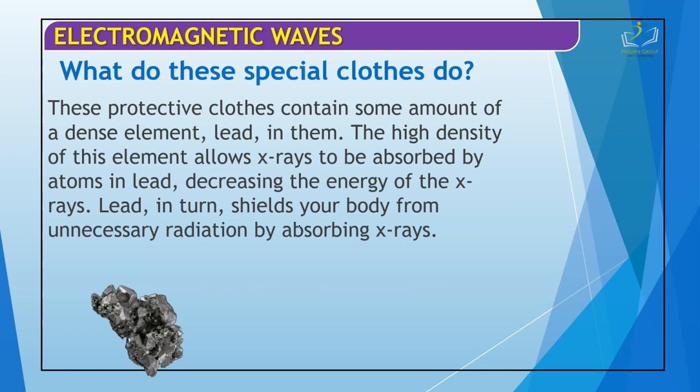These protective clothes contain some amount of a dense element like lead. The high density of this element allows X-rays to be absorbed by atoms in lead, decreasing the energy of the X-rays, and lead in turn shields your body from unnecessary radiation by absorbing the X-rays. So your body does not get as damaged or harmed as it would if you did not wear that special cloth.